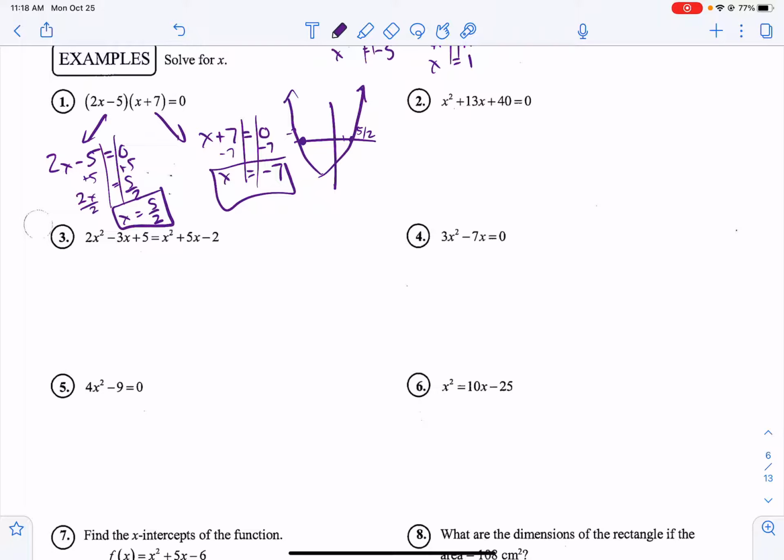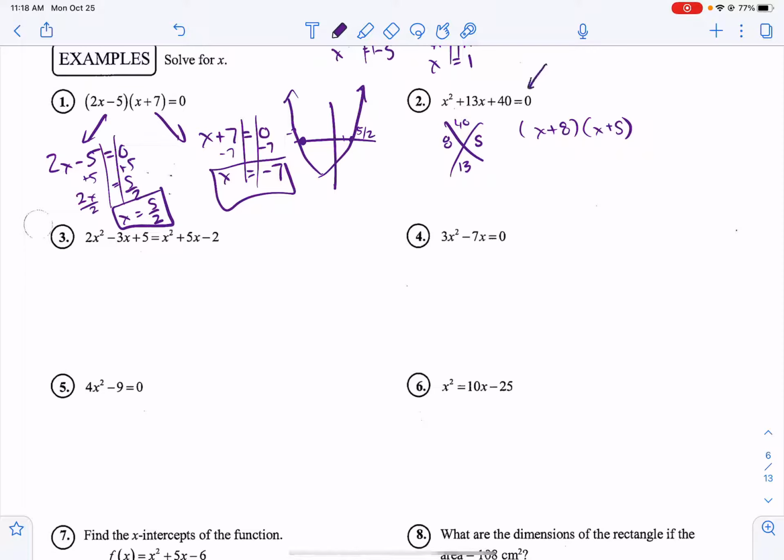All right, so number 2, x squared plus 13x plus 40 equals 0. It's already equal to 0, so now all I have to do is big X. 40 goes on top, 13 goes on the bottom. I need two things that multiply to 40 and add up to 13, and that's going to be 8 and 5. So when I rewrite this, I get x plus 8, x plus 5. And again, in the last chapter, you stopped right there.